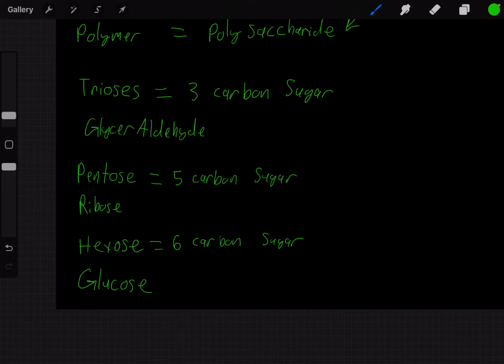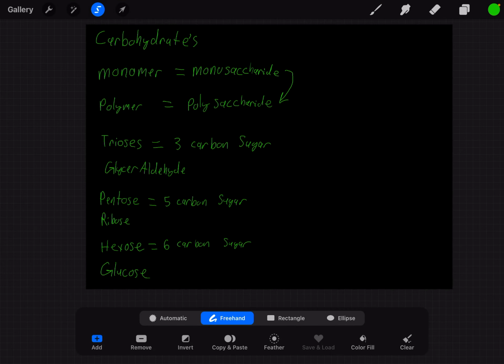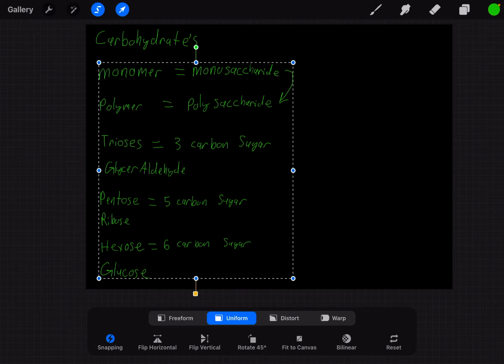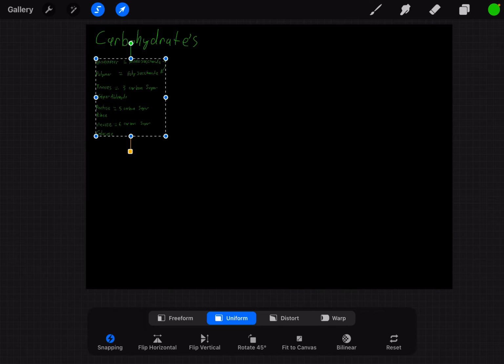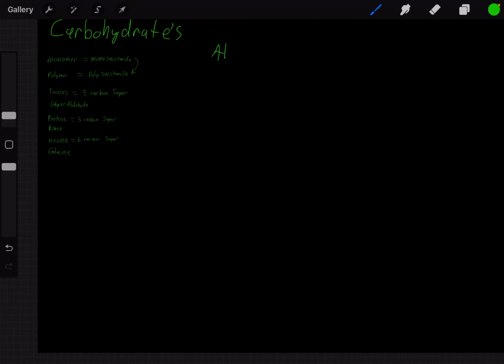You could also have them as aldehyde, which means the functional group, or where the work is happening, is towards the end.